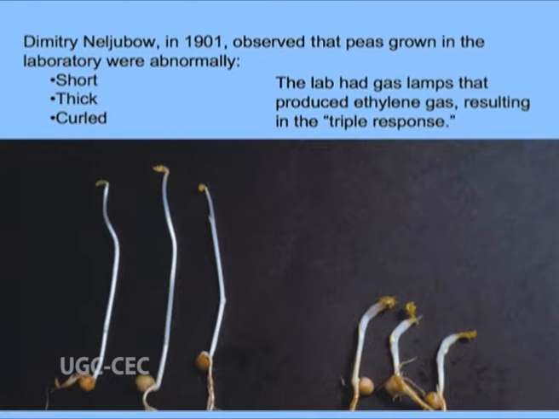The Russian scientist Dmitry Nelyubov was the first person to study the physiological responses of seedlings to ethylene. He was also using coal gas lamp in the laboratory and found that dark grown pea seedlings in the laboratory had reduced stem elongation, increased thickness and horizontal growth habit compared to the seedlings grown in fresh air outside the laboratory.